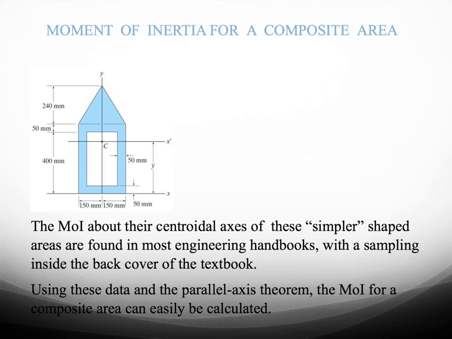And so basically, what I had already said is that you could find the moment of inertia about the axes going through the centroid in the inside back cover of your textbook. And if we want to find the moment of inertia of this entire object, we can use those values along with the parallel axis theorem to help us find the total moment of inertia of this object.